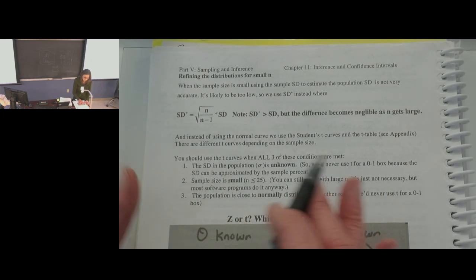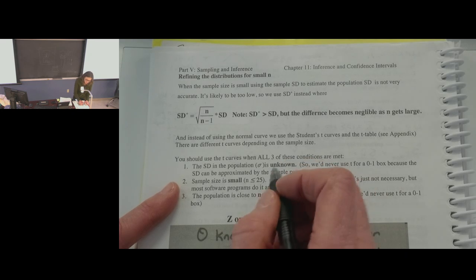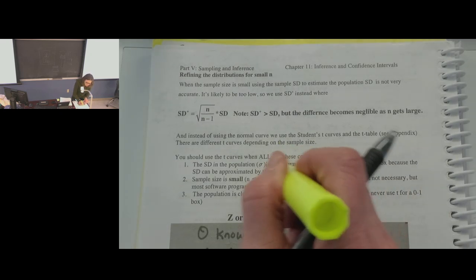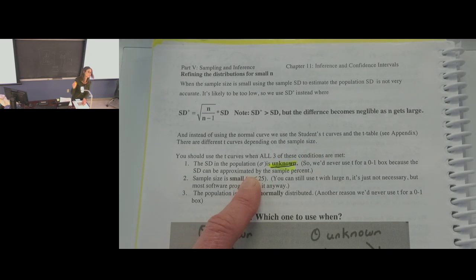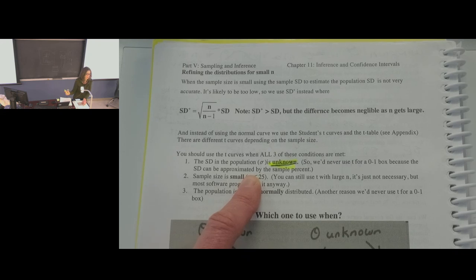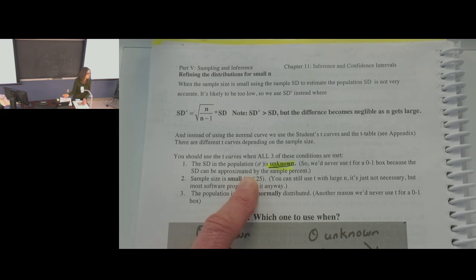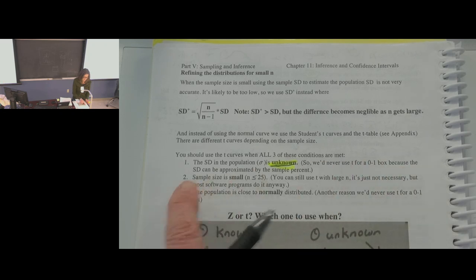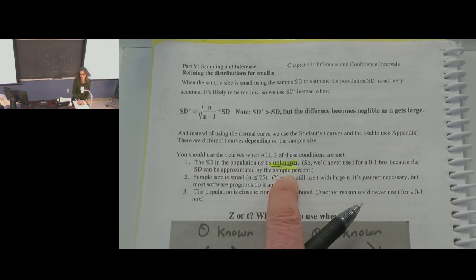So this is key: unknown. Okay, let's highlight that. If you know sigma, never use t. That would be stupid. It's wrong. It's absolutely wrong. Don't use it. Okay, so just use it when sigma is unknown. All right, and we never use t for a 0, 1 box because the SD is very close to being known.